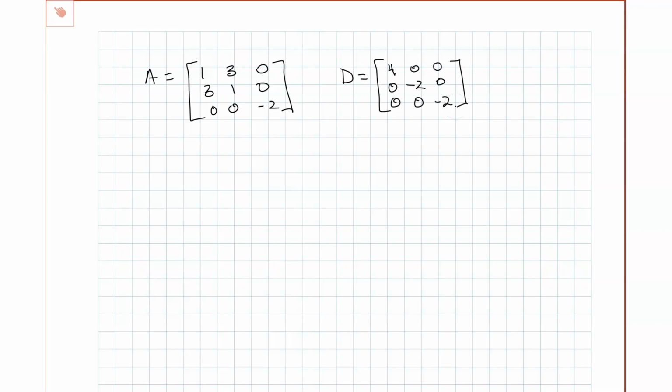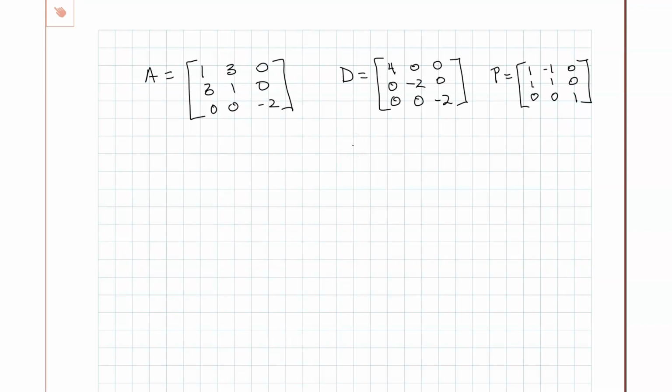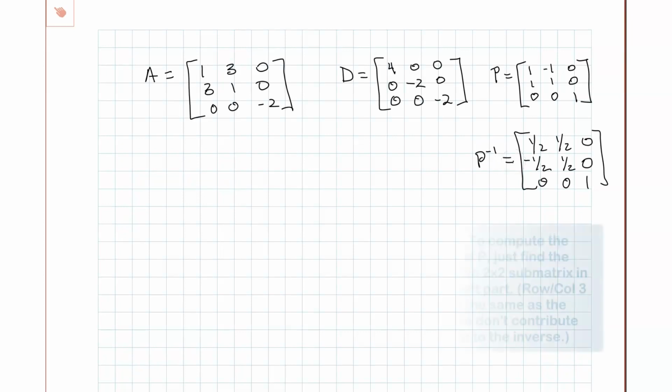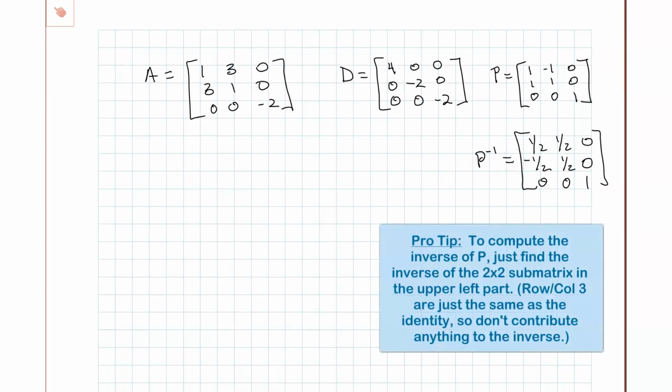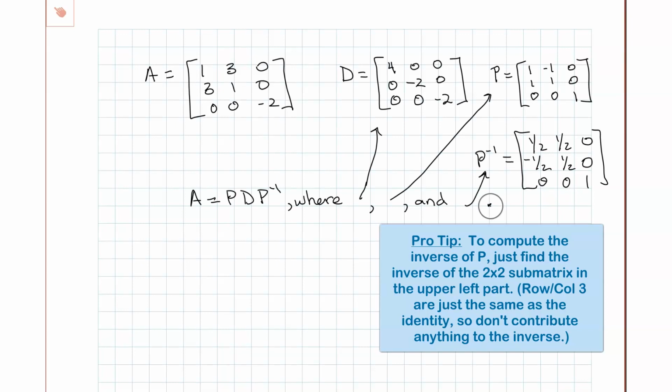Our original matrix was this, and we found the diagonal matrix D that has the eigenvalues of A along the diagonal, and then our P matrix is going to be the matrix, the columns of which are the eigenvectors that correspond to the eigenvalues as they appear in the diagonal matrix. If we wish, we can compute P inverse. It shouldn't be too bad. There it is. And so we can write down our decomposition. And we're done.